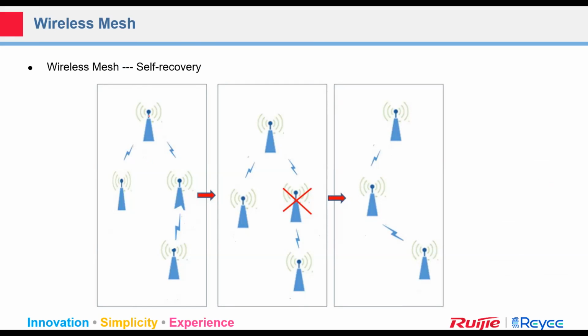These are the flow of the mesh. If this mesh is not available and this mesh is disconnected from the master, it will self-recover this way. This is the wireless mesh self-discovery feature.